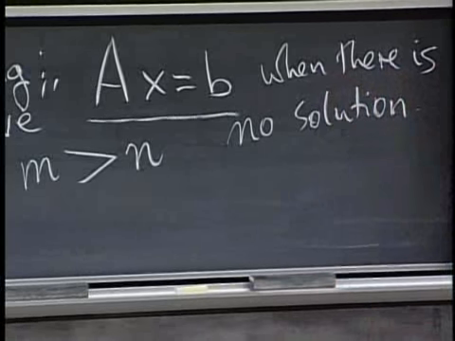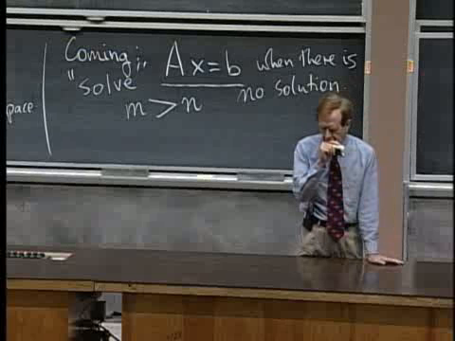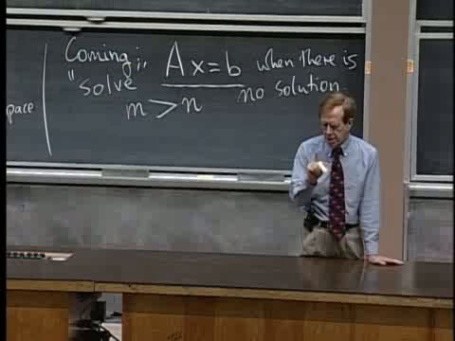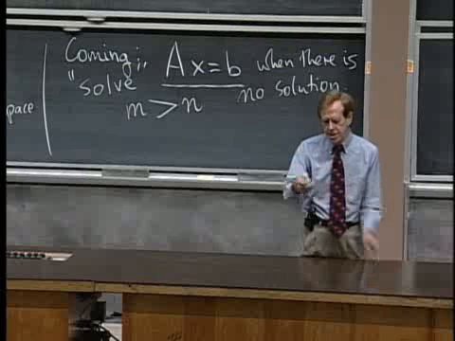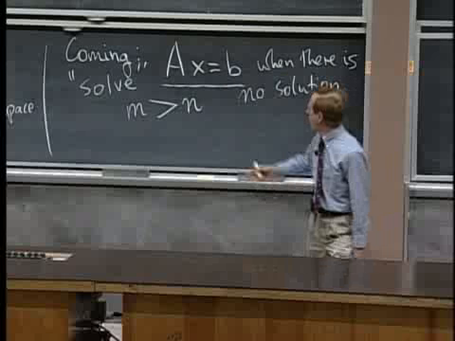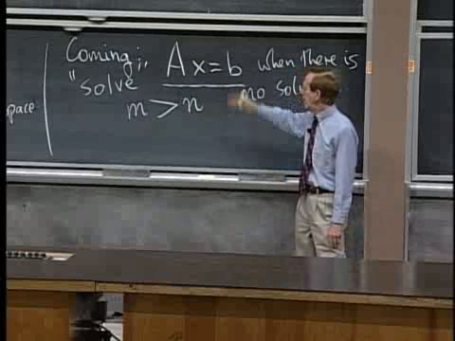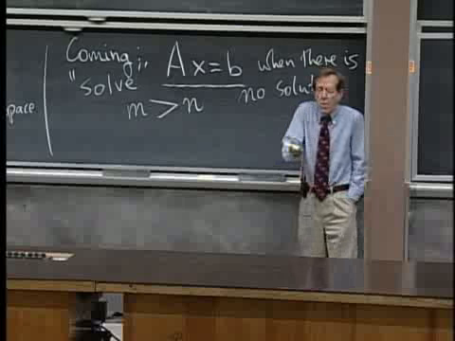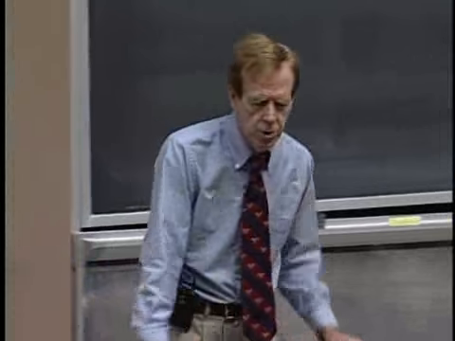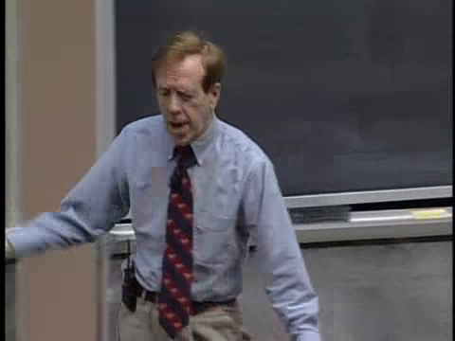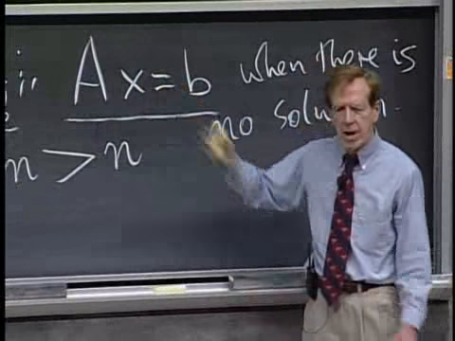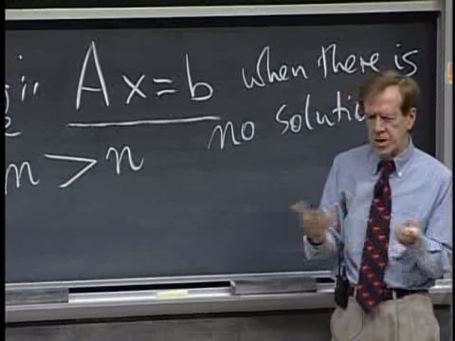Okay. Now, that describes the problem in an algebraic way. I've got some equations. I'm looking for the best solution. Well, one way to find a solution is throw away equations until you've got a nice square invertible system and solve that.